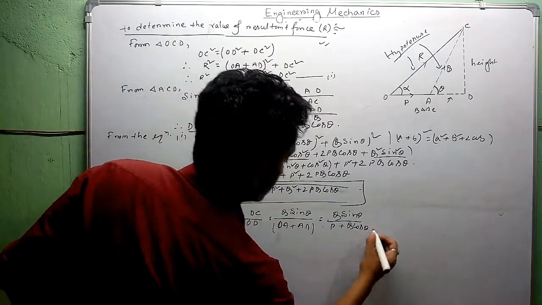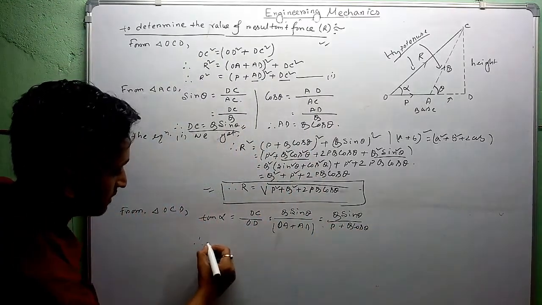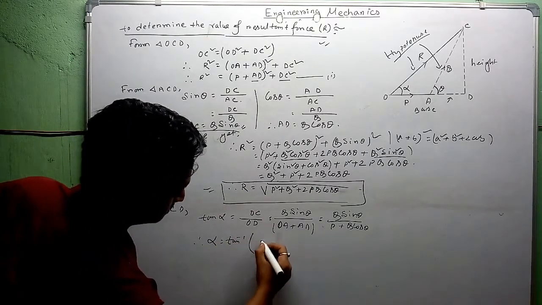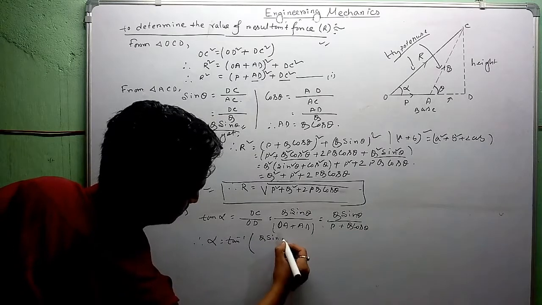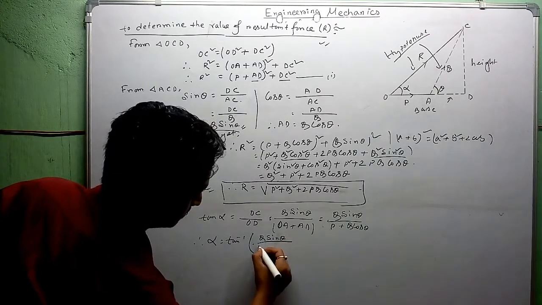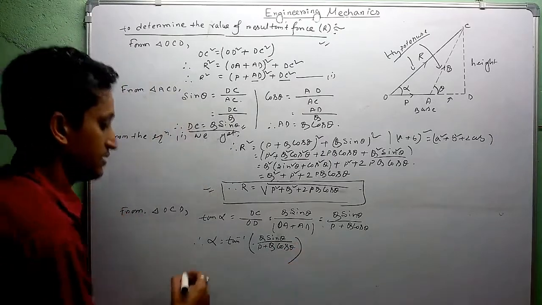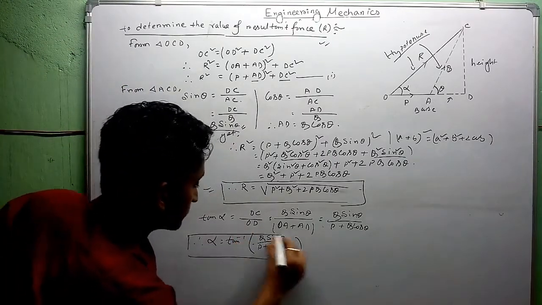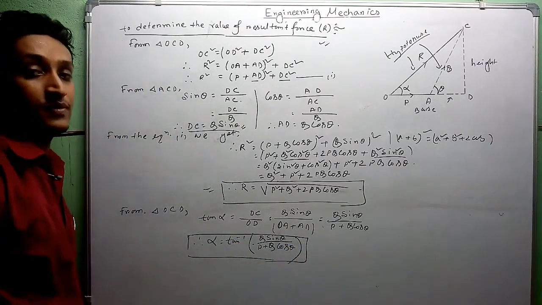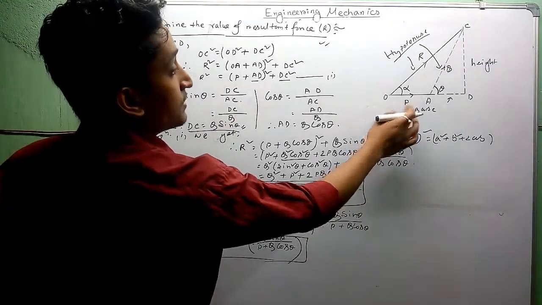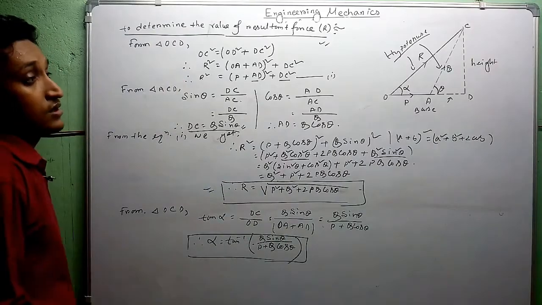So we can write that alpha is equal to tan inverse of Q sine theta by P plus Q cos theta. That is the determination of alpha, which is the angle between the P value and the resultant force R value.